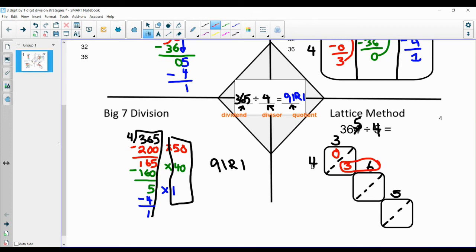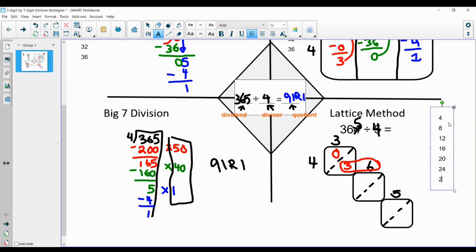Now I'm thinking, how many times can 4 go into 36? If you know your math facts, your multiplication facts well, you can do it in your head. I'm going to skip count. 4 can go into 36 1, 2, 3, 4, 5, 6, 7, 8, 9 times.